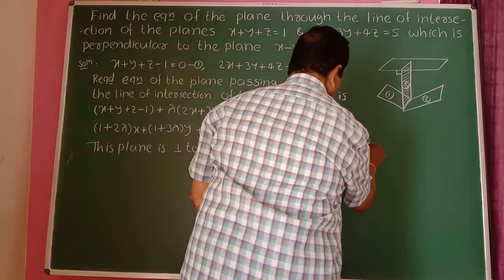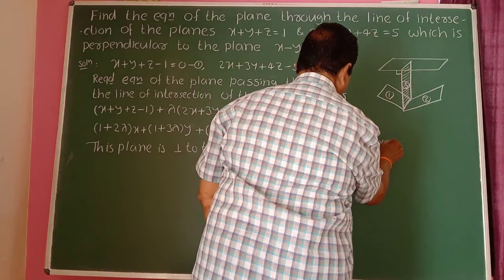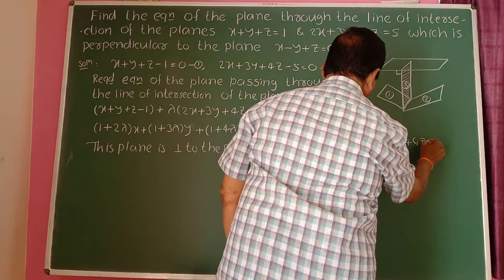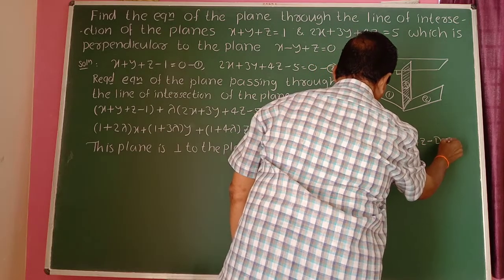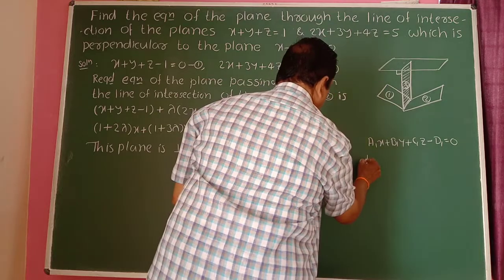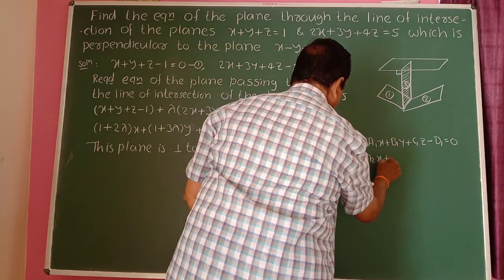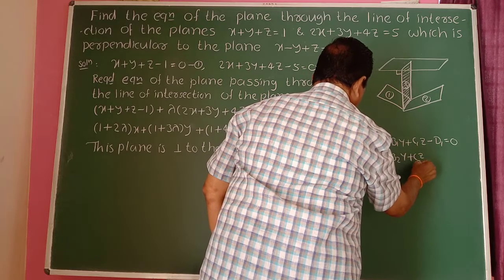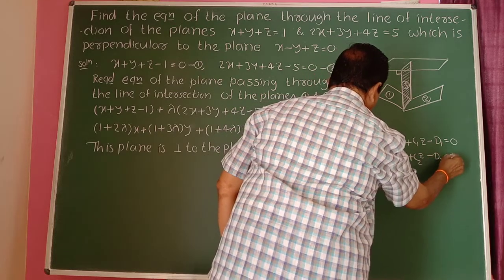Suppose a1x plus b1y plus c1z minus d1 is equal to 0, and a2x plus b2y plus c2z minus d2 is equal to 0.